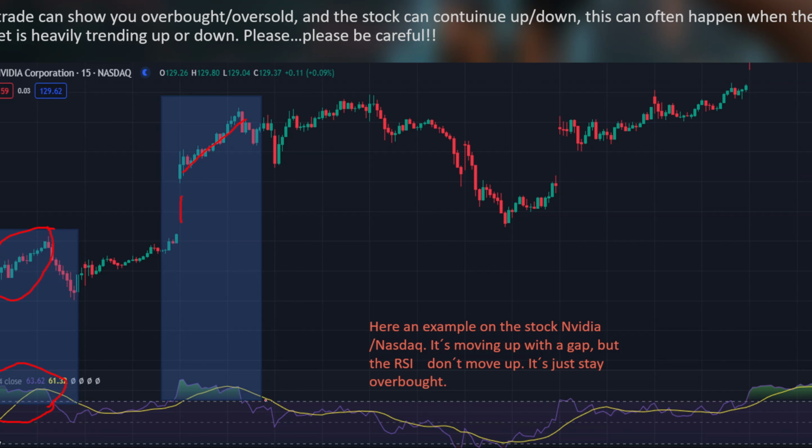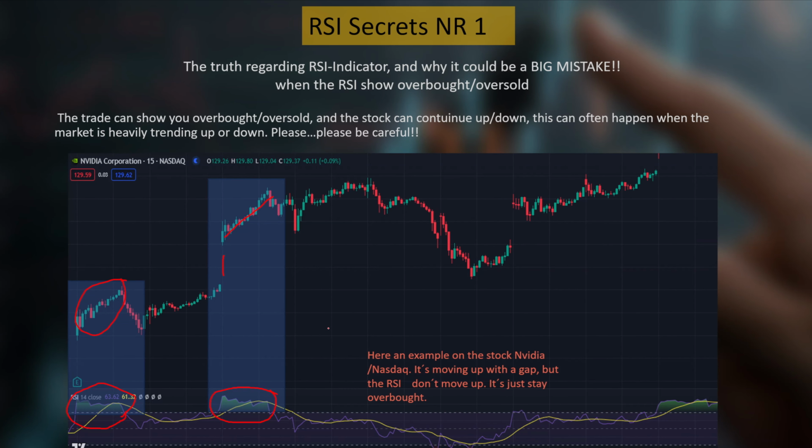But if we look at the RSI, you can see it shows oversold here, as it did before. So you have to be prepared. You have to take notice of the difference when it comes to price, and when the RSI can't react to the trend and price in the right way.